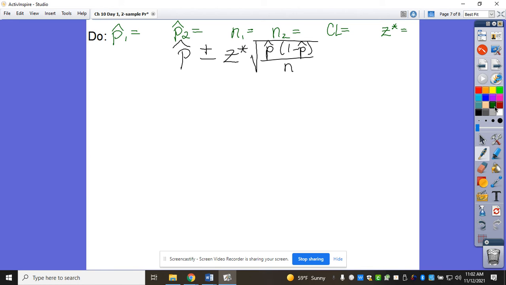But instead of p hat, I now write what? P hat 1 minus p hat 2. That's the one that we chose. If I chose to go p hat 2 minus p hat 1, that's whichever one I chose in state.